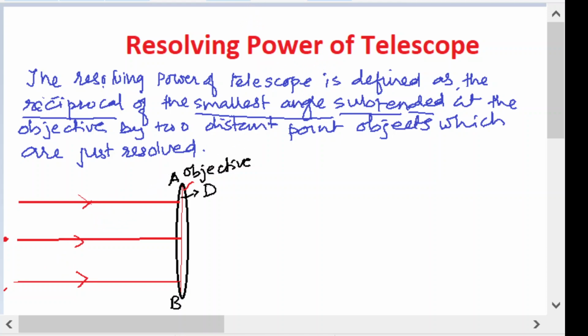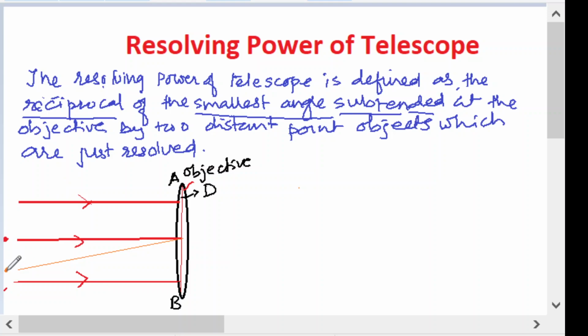We are showing the rays coming from the second star with different colors.